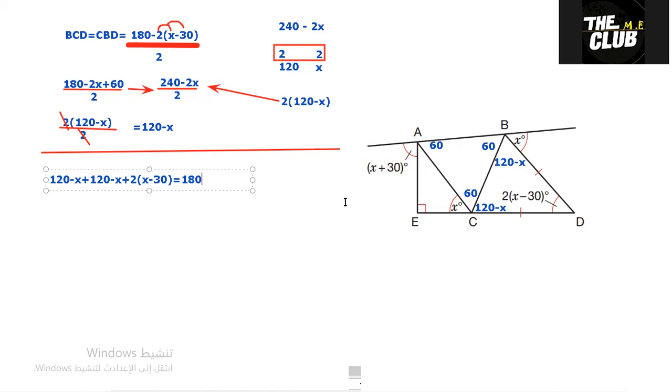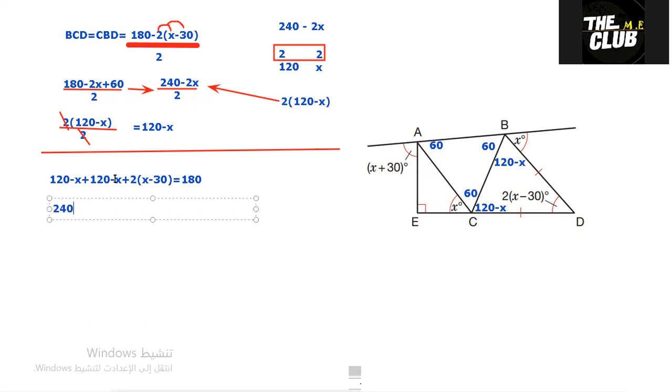So with this idea I can find the value of x because I have a complete triangle. Okay. Now I can add them together and find the value of x and then continue with the numbers. Okay. So here, this one is 120 and this one is 120 and together they're going to be 240.